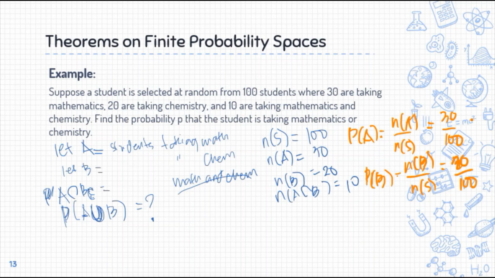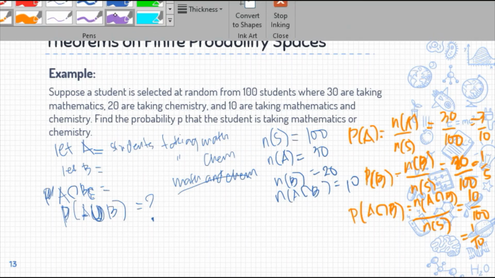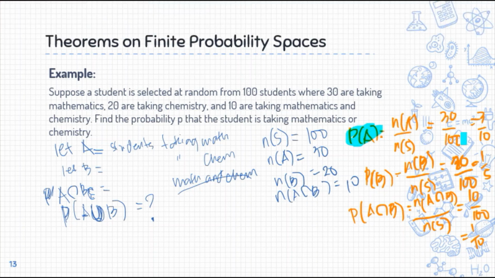So this could be 3 over 10, and this 1 over 5 in lowest terms. Now, the probability of A intersection B is n(A intersection B) over n(S), which is 10 over 100, or 1 over 10. Let us highlight this to remember.